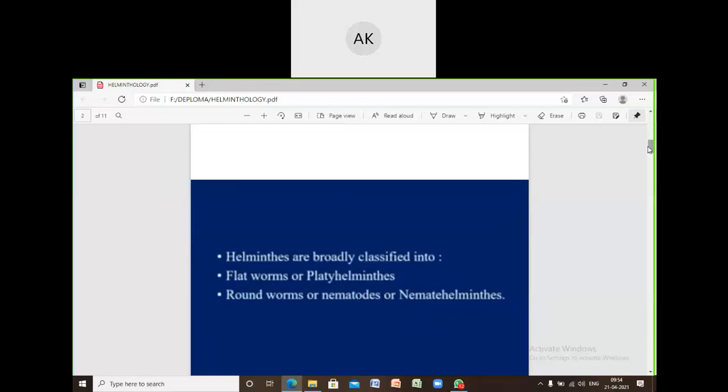Helminths are derived from the Greek word Helmins, which originally means intestinal worms. Okay, but these Helminths do not include only intestinal worms, but are comprised of tissue parasites as well as free living species.